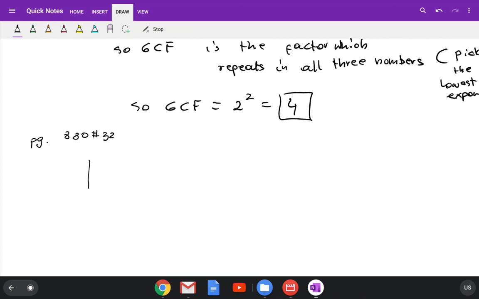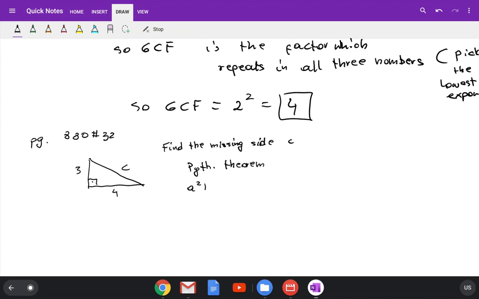So all the time you see the right triangle, that means Pythagorean theorem. Here you have a 90 degree angle. This is 3, this is 4. So you need to find the missing side. So you're going to use the Pythagorean theorem, which is a squared plus b squared equals c squared.